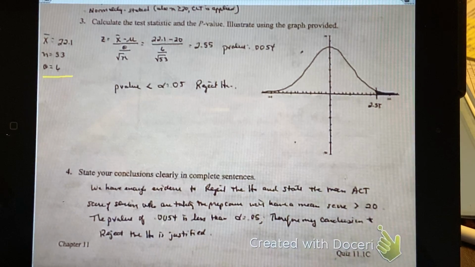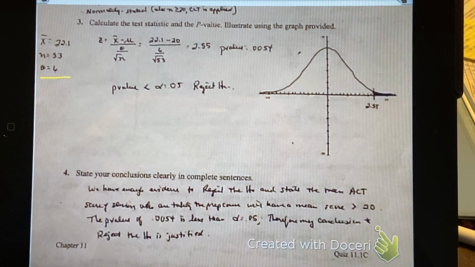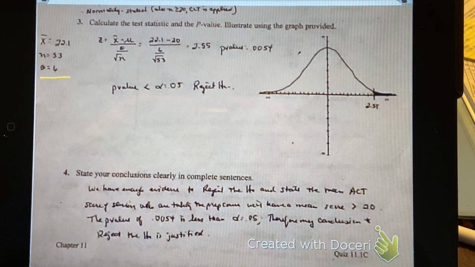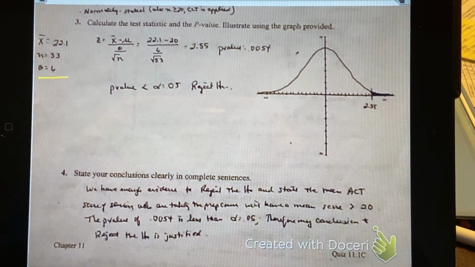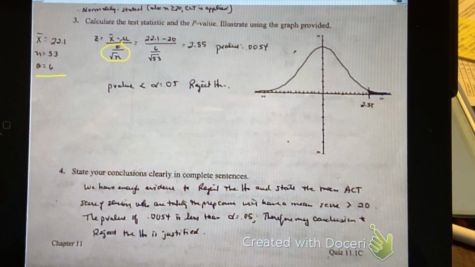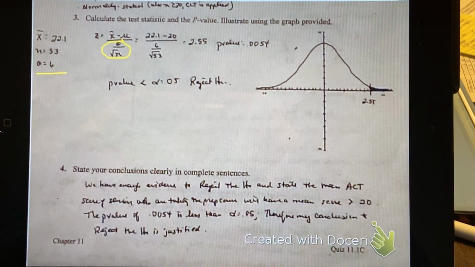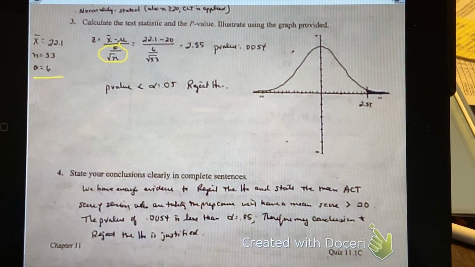I hope you recognize at least this piece right here when I circle it. Maybe. Pen went off. All right, so this piece right here, hey, that came from the confidence interval. If you know sigma, use sigma. So sigma over the square root of n, that was part of our formula for confidence interval.